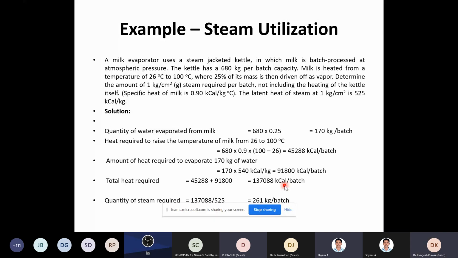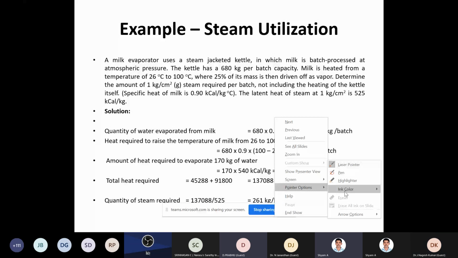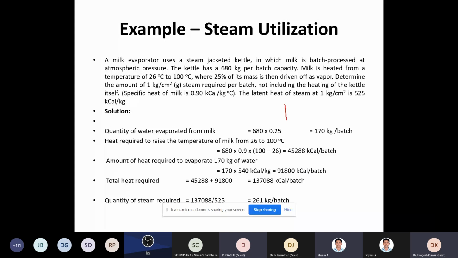But practically, in a heat exchanger, how do we actually measure the steam consumption? There's a heat exchanger. The steam comes here, condenses, and leaves through a trap.